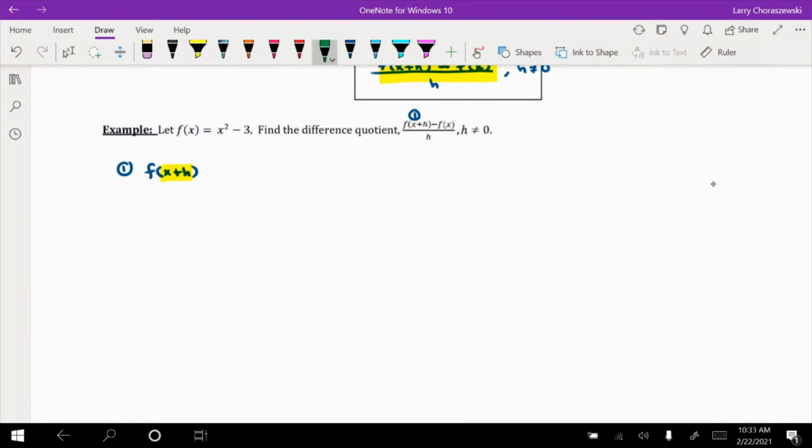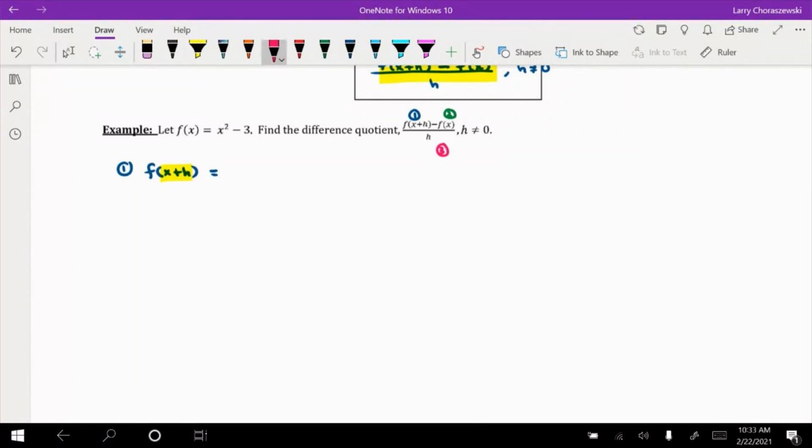What we do with that expression is we subtract the original version of the function. That's going to be our step 2. And once all that's cleaned up, we divide everything by h. All right, you ready? Here we go.